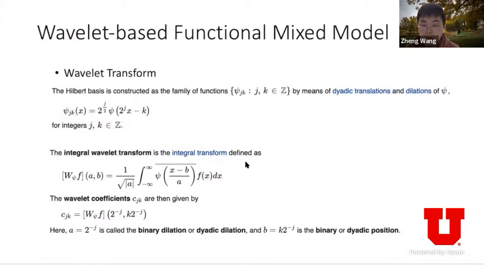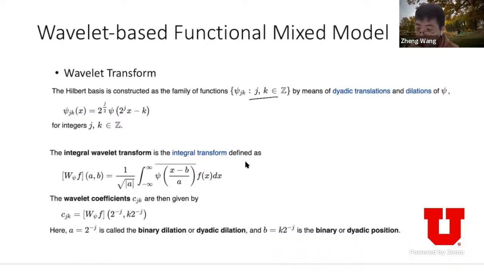And the frequency part in the Fourier transform, you can also treat it as the index of the basis. The index in Fourier transform is just the base term in the sine and cosine function. And in wavelet transform, the index has two indexes, which they call a dilation term and the translation term.